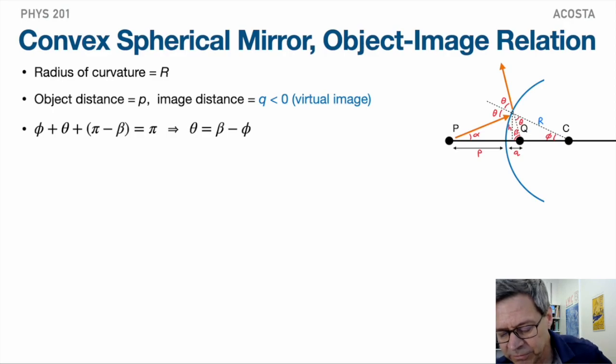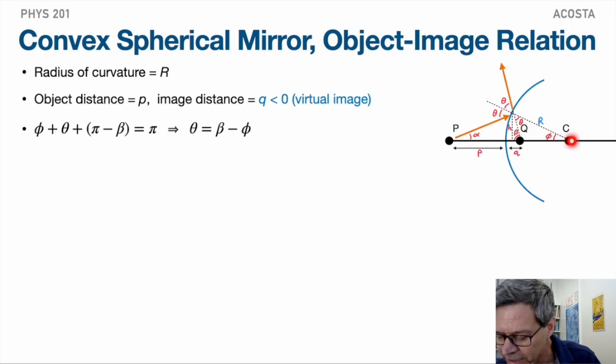So we could start, for example, with one that includes angle phi here. This is the angle from the center of curvature to where the reflection occurred on the surface of the mirror with respect to the optical axis. So I've got this triangle I can show here.